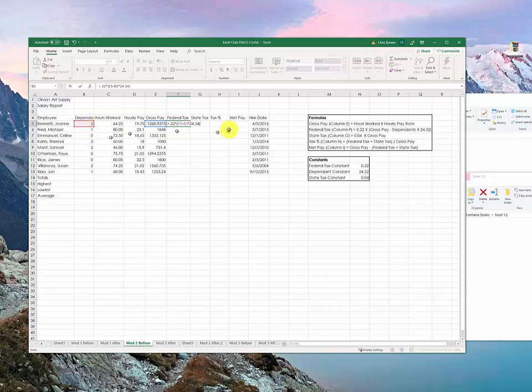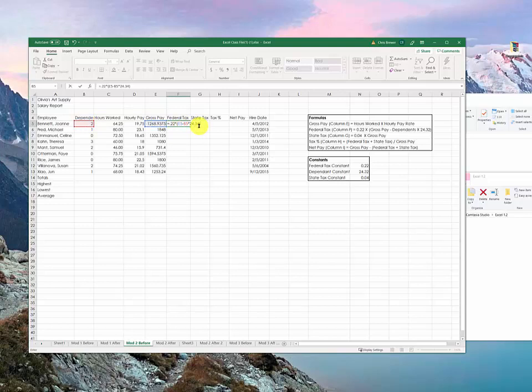So you see my formula is 0.22 times parentheses, and what's all in the parentheses is gross pay, which is E5 right here, minus B5, which is our dependents, times 24.32.